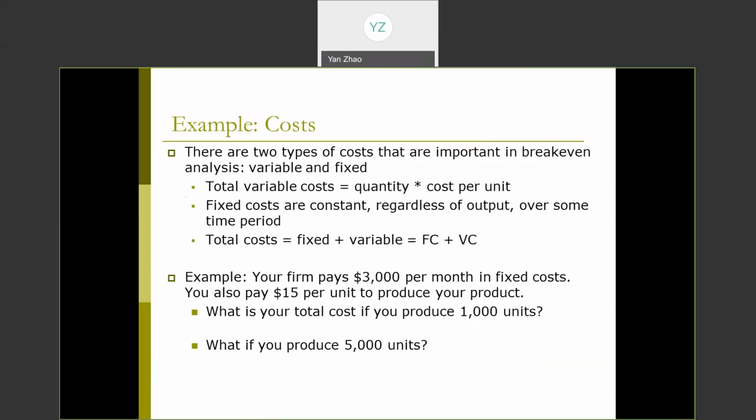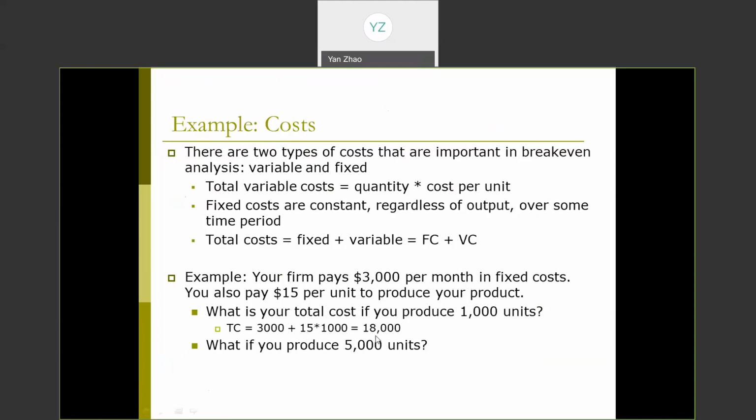Again, you can pause here and independently solve the answer. And then you can check whether you have the same. Okay? So the total cost will be the fixed cost, $3,000, plus variable cost. Depends on how many units you produce, right? $15 cost per unit, and you produce 1,000 units.